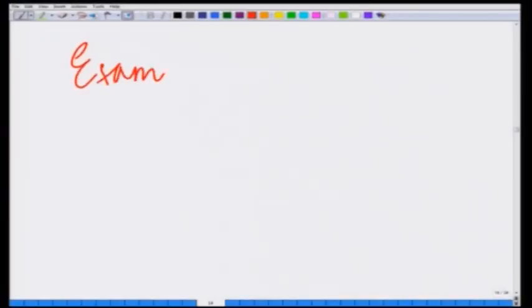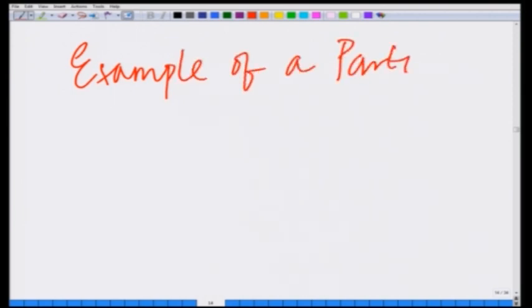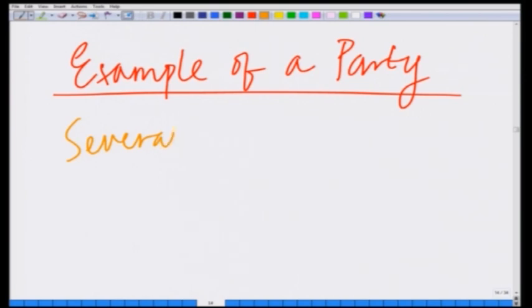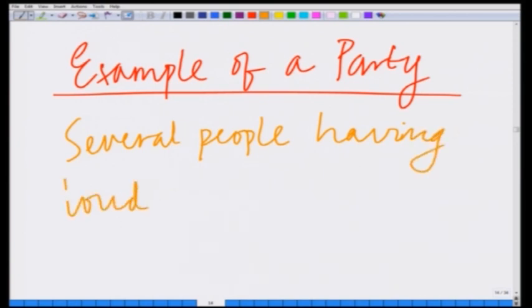So, let us take an example of a party where there are several loud conversations, and each person has two options: either to shout at the top of his voice, that is, to speak loudly, or to speak softly.